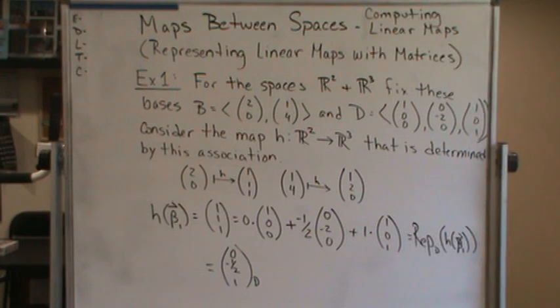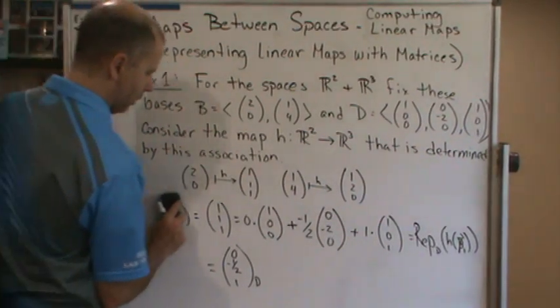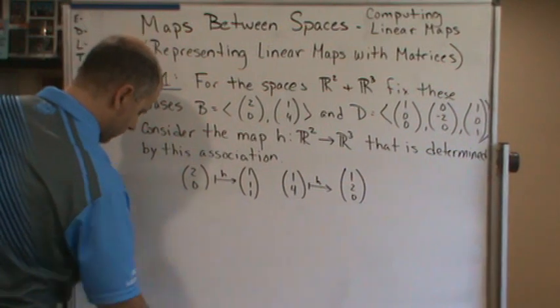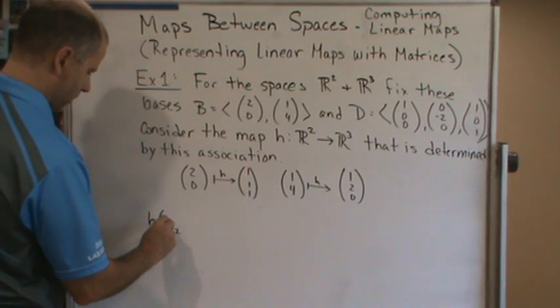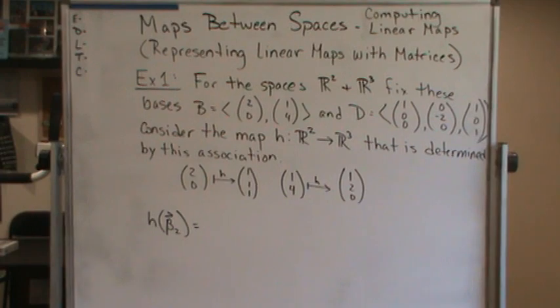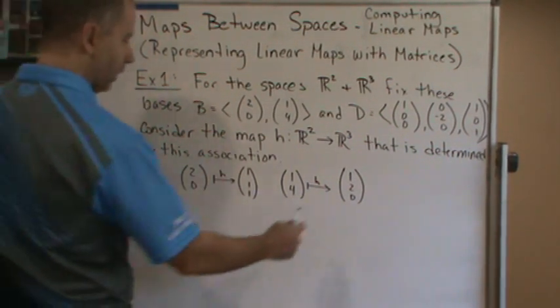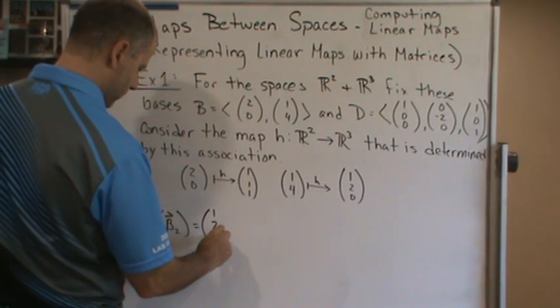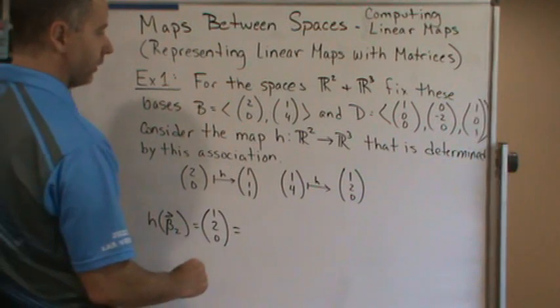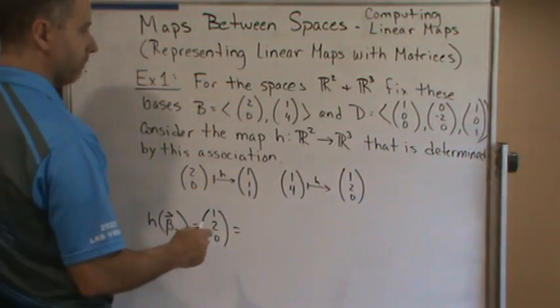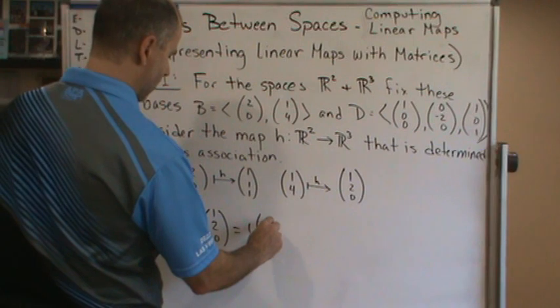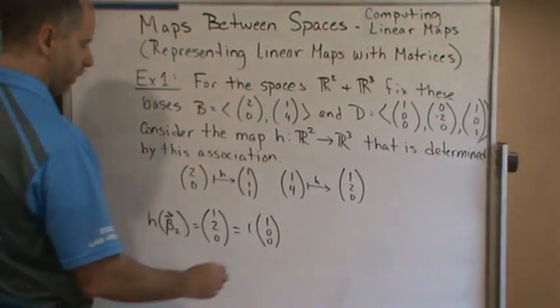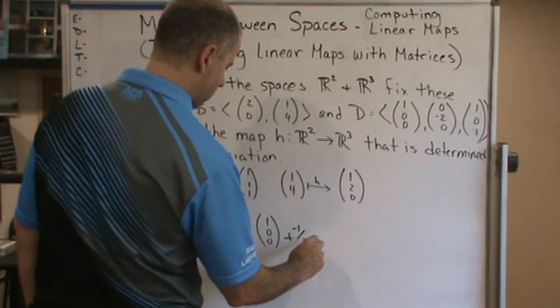Okay, now let's do H of beta 2. Okay, so H of beta 2, which is 1, 2, 0, let's write this as a linear combination of the basis vectors from D. So it's going to be 1 times 1, 0, 0 plus negative 1 half, oh, hold on a second.